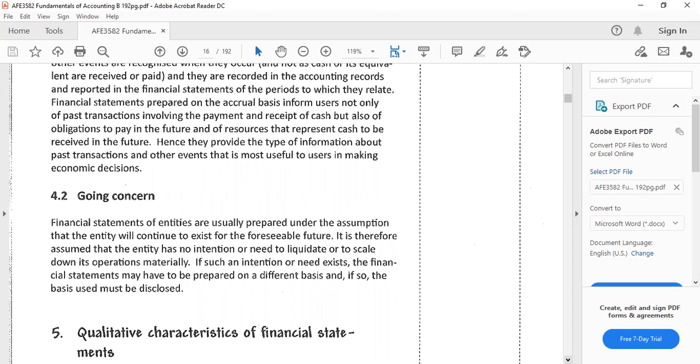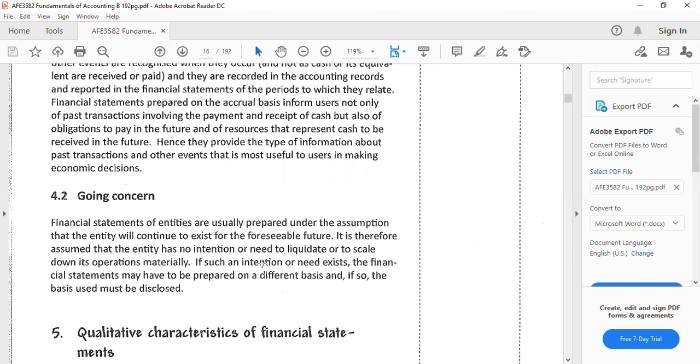So it is therefore assumed that the entity has no intention or need to liquidate. To liquidate means to be sold off. So when they prepare their financial statements, they prepare them with no intention of selling or closing down their businesses.